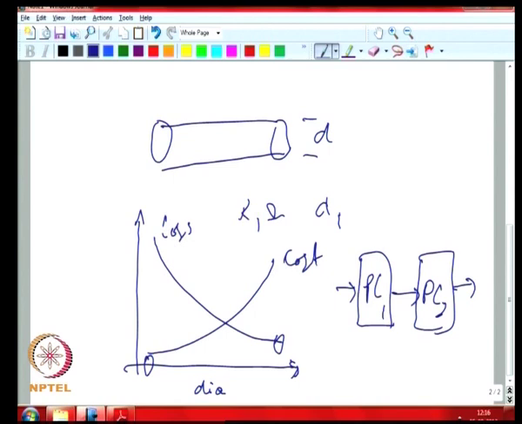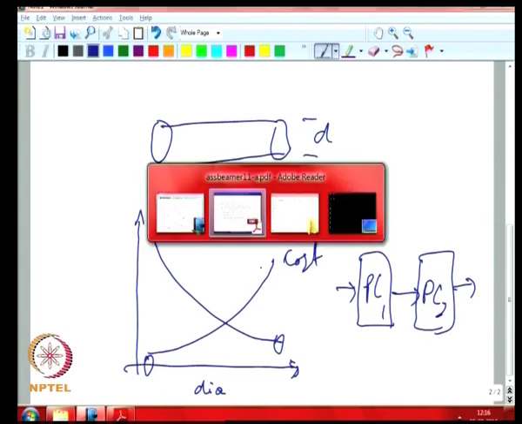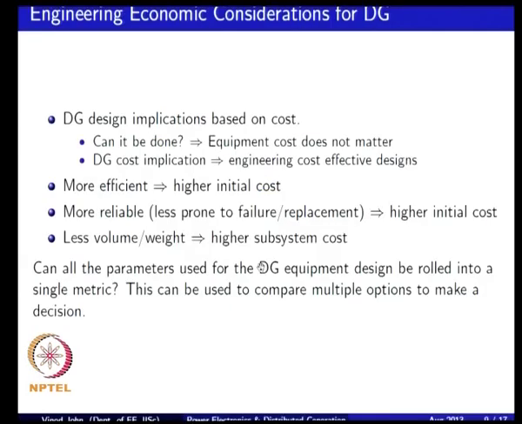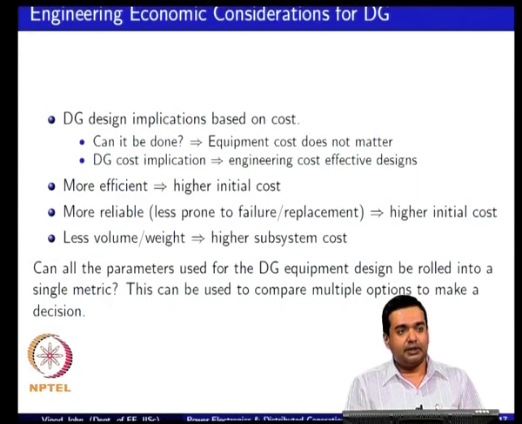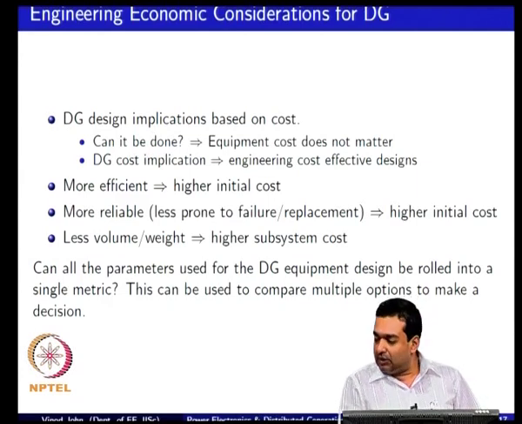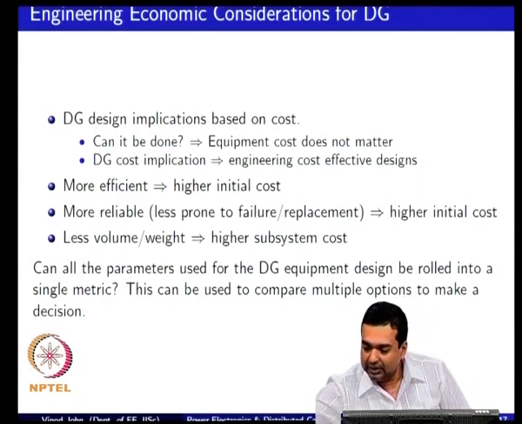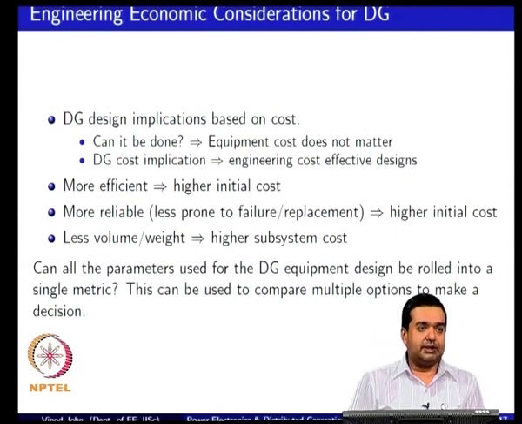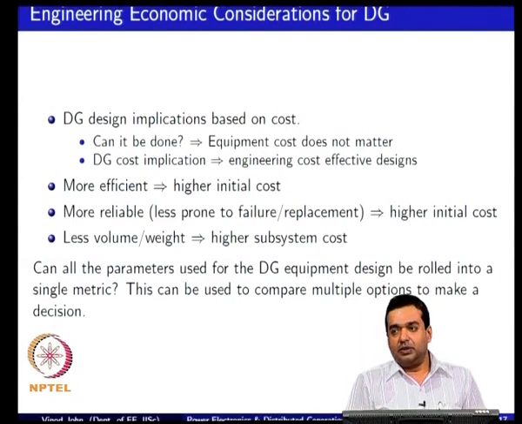Similarly, if you look at the issue of reliability, if you want to get improved reliability, you may have to end up paying a higher cost. For example, in the case of the wire that we just discussed, because of the increased losses in the narrow wire, your wire temperature is high.